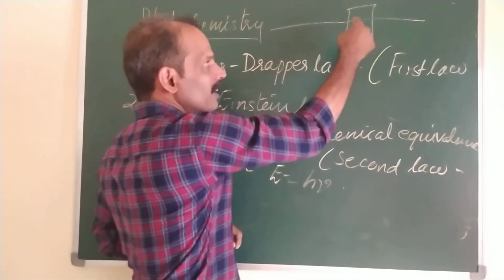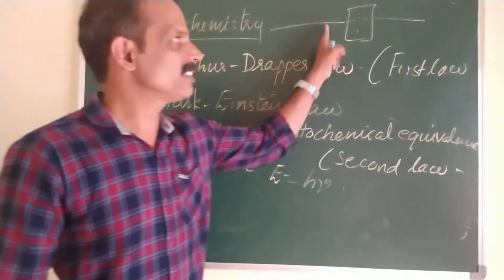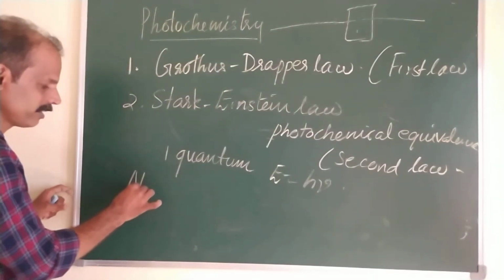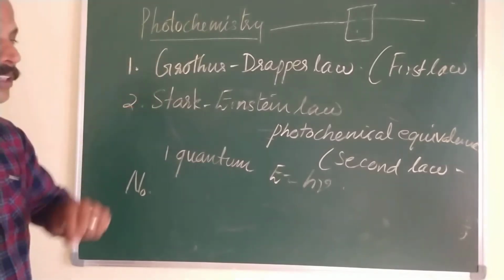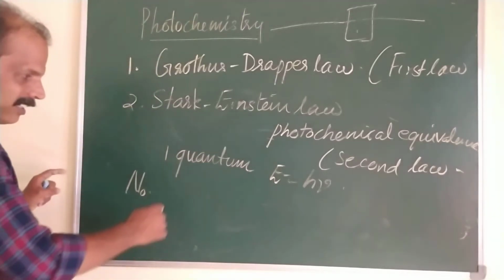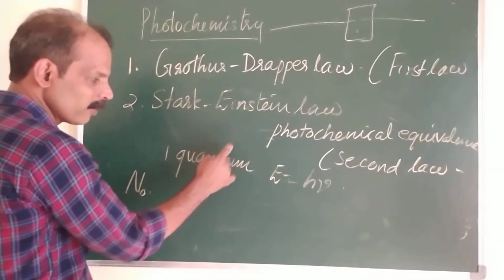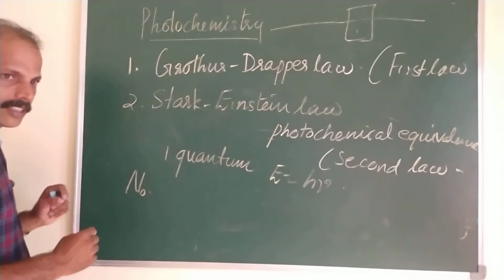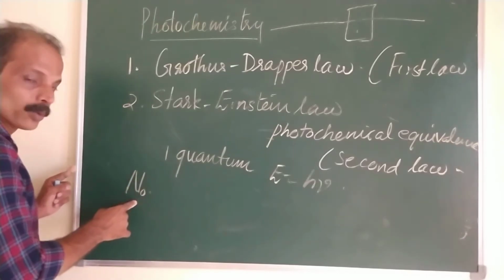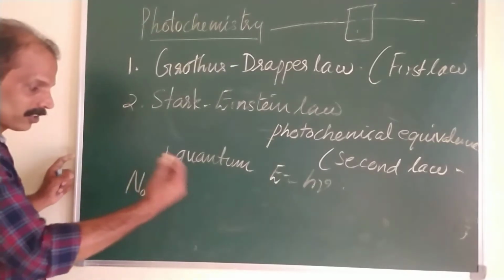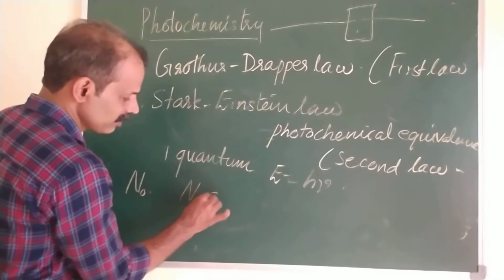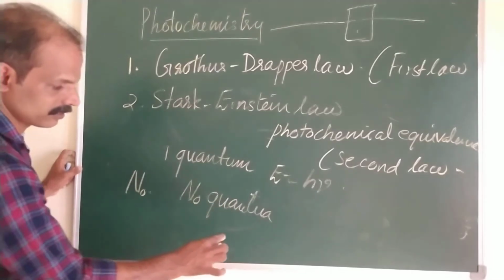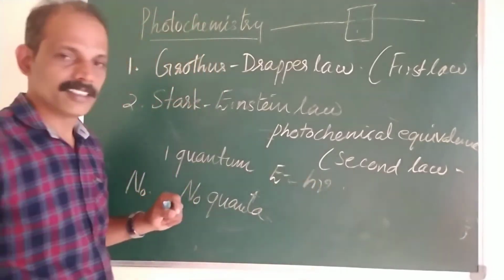Suppose there are Avogadro number of particles present in this sample, N0. Then, according to this law, each molecule absorbs one quantum of energy and undergoes chemical reaction. So N0 particles absorb N0 quanta.